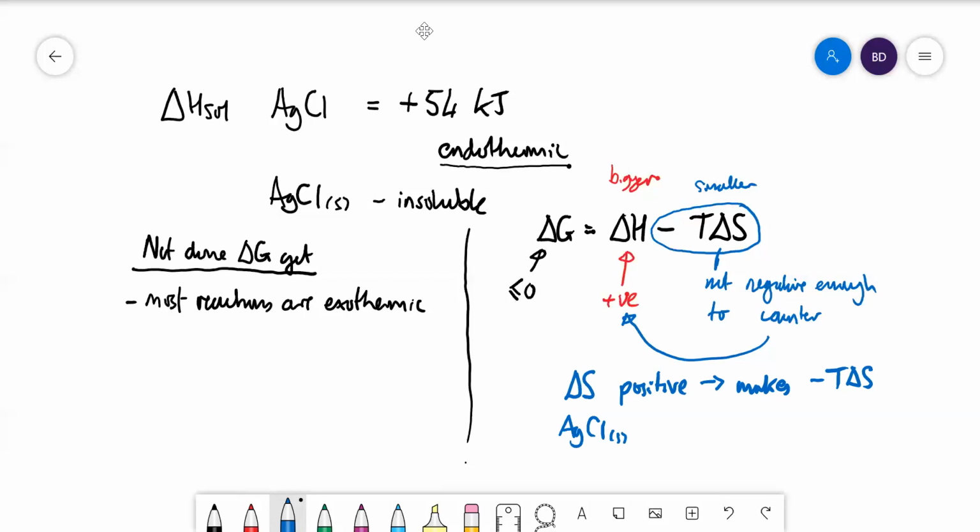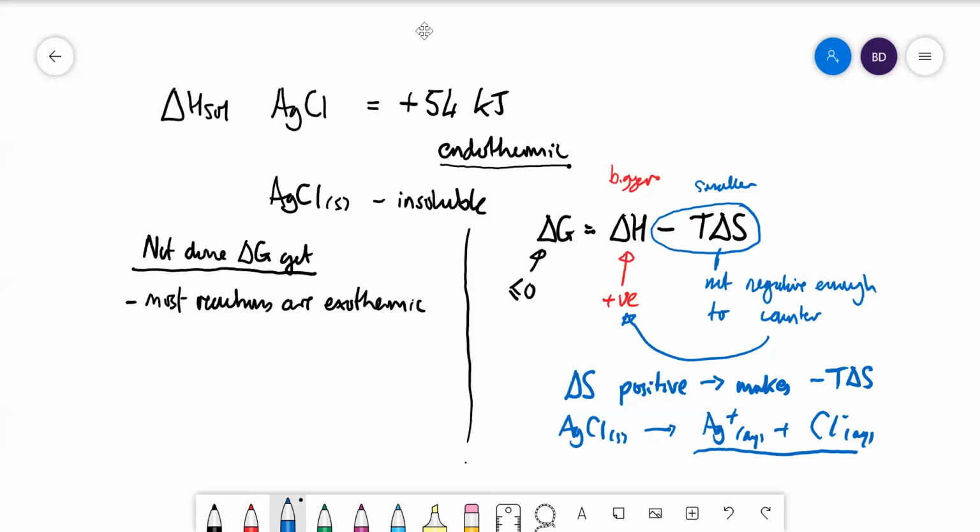Right, delta S is positive, isn't it? Because when you're dissolving silver chloride, you've got an ionic solid going into aqueous ions, which are free to float around and do their own thing. So this is clearly more disordered than the ionic solid. However, obviously the increase in entropy is insufficient to overcome the positive value of delta H. So silver chloride is insoluble.